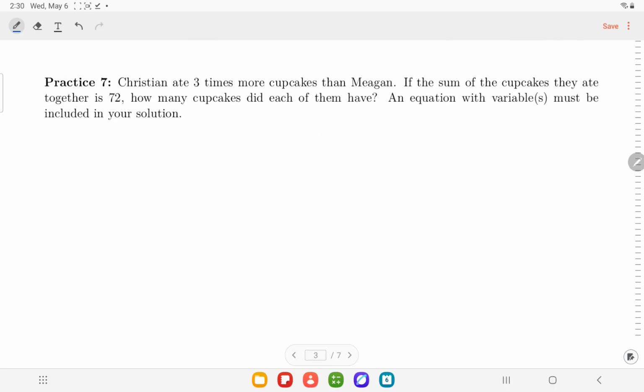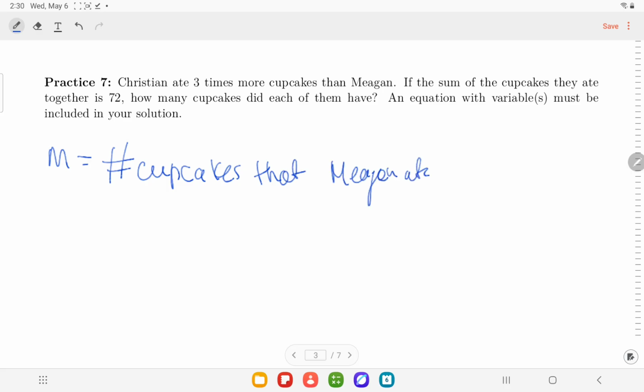So this is the same type of problem. So we can have M represent the number of cupcakes that Megan ate. And then Christian ate 3 times more cupcakes than Megan.